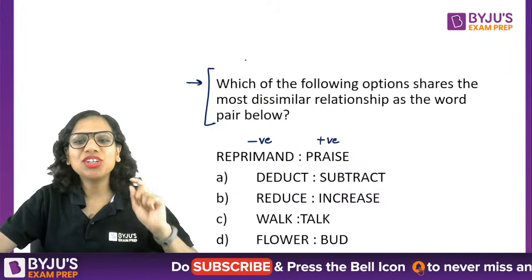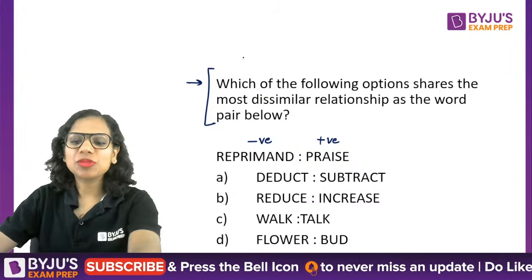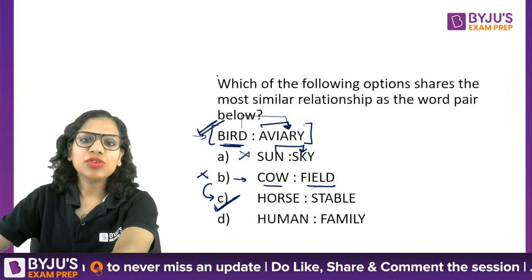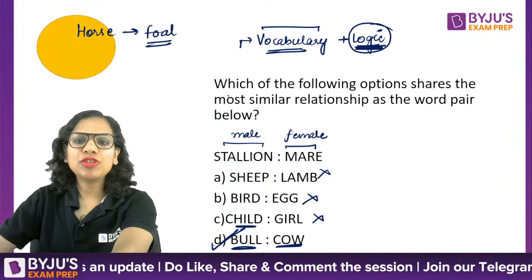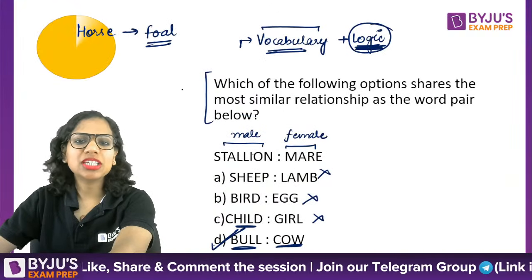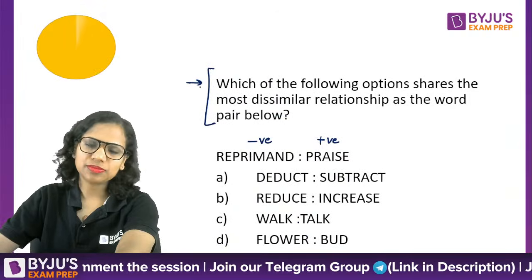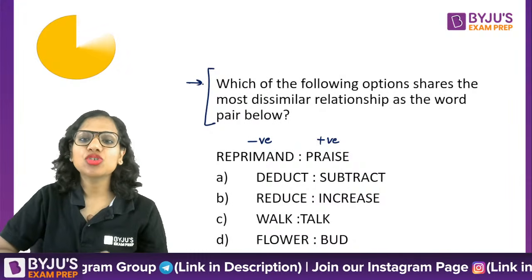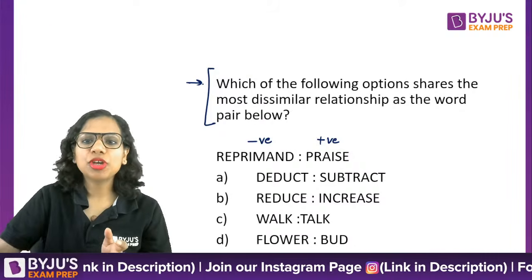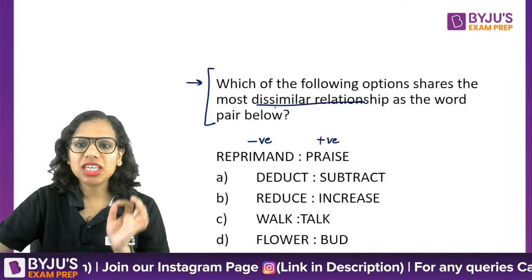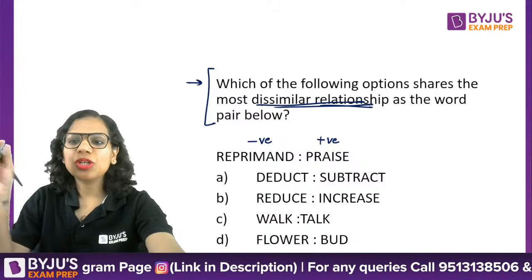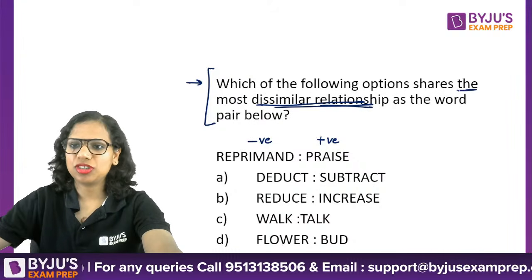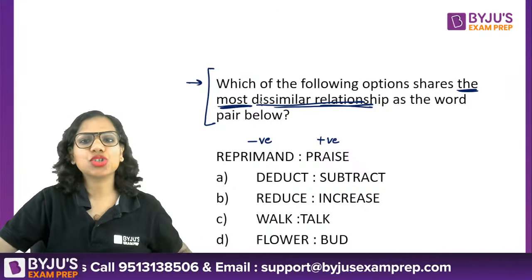I wanted you to realize this, that sometimes when we are attempting similar types of questions, we read the instruction for the first one, but then we just don't read it for the second or the third question. This is what happens with students even in synonym antonym questions. So please don't do this. Here it was clearly written that we had to find the most dissimilar relationship.